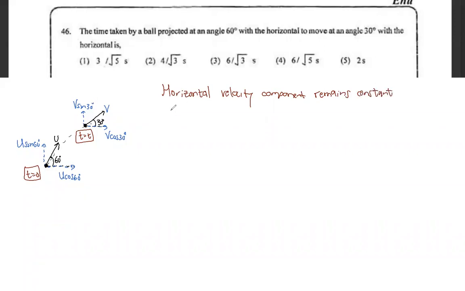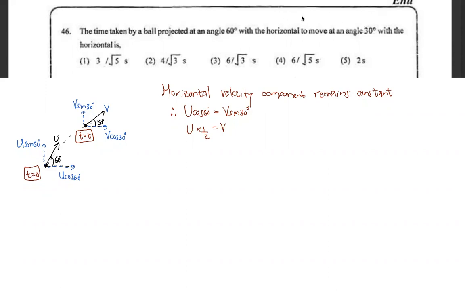So you can say therefore u cos 60 should be equal to v cos 30. This angle is 30, that's important. So u into half is equal to v cos 30.